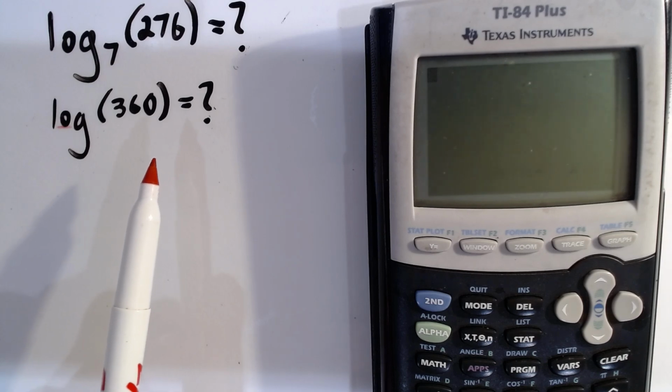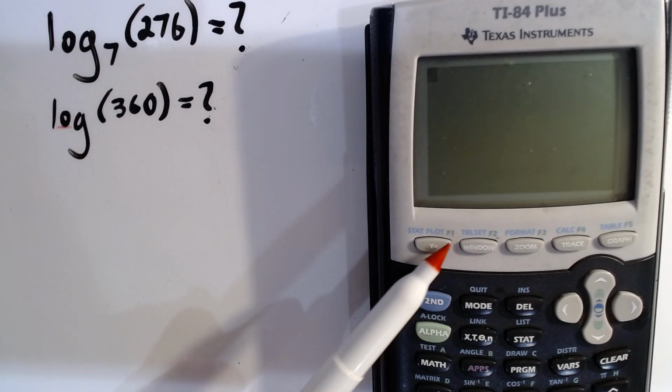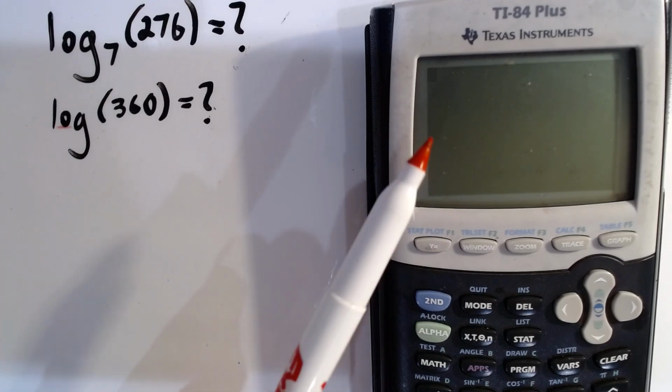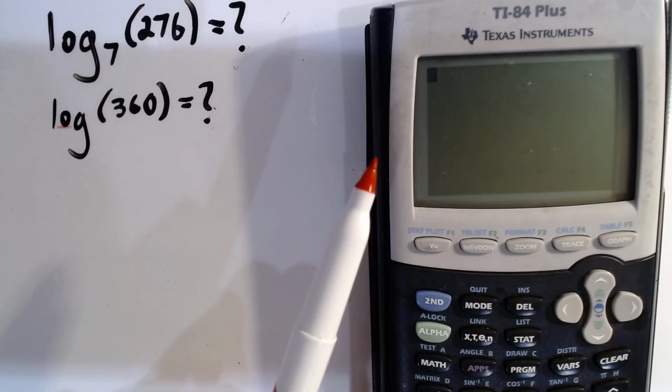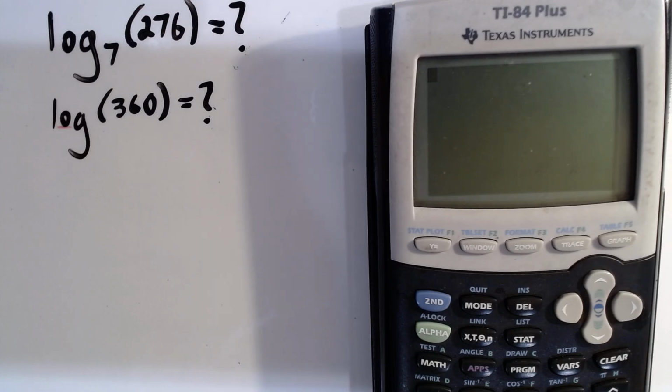Log of 360. So, before we plug this into our calculator, to understand what we're putting into this, let's one more time translate all this out into plain language. We got a log. There's no base laying around here, so what do we assume? 10. That's your base. BAE, BAE.